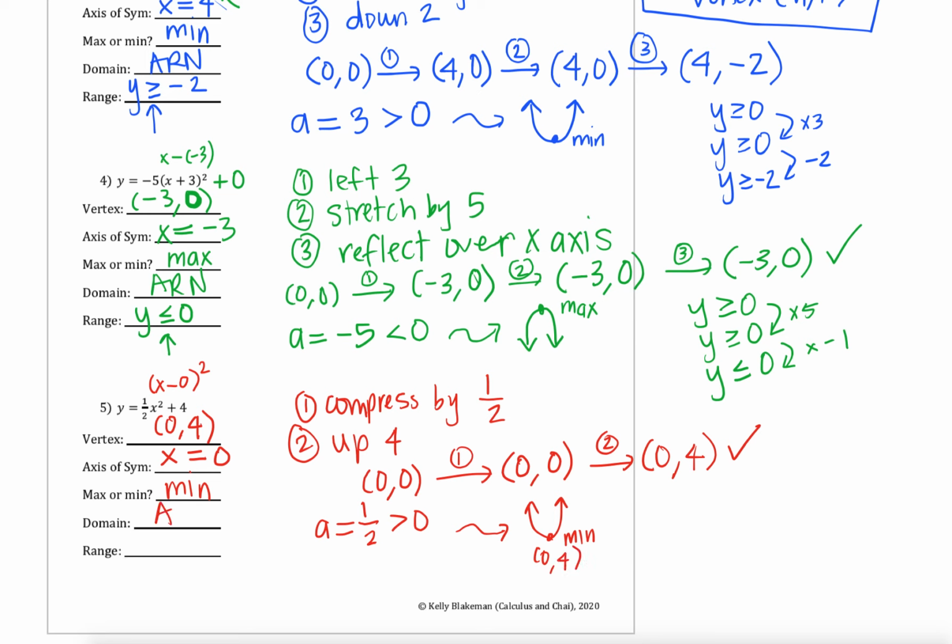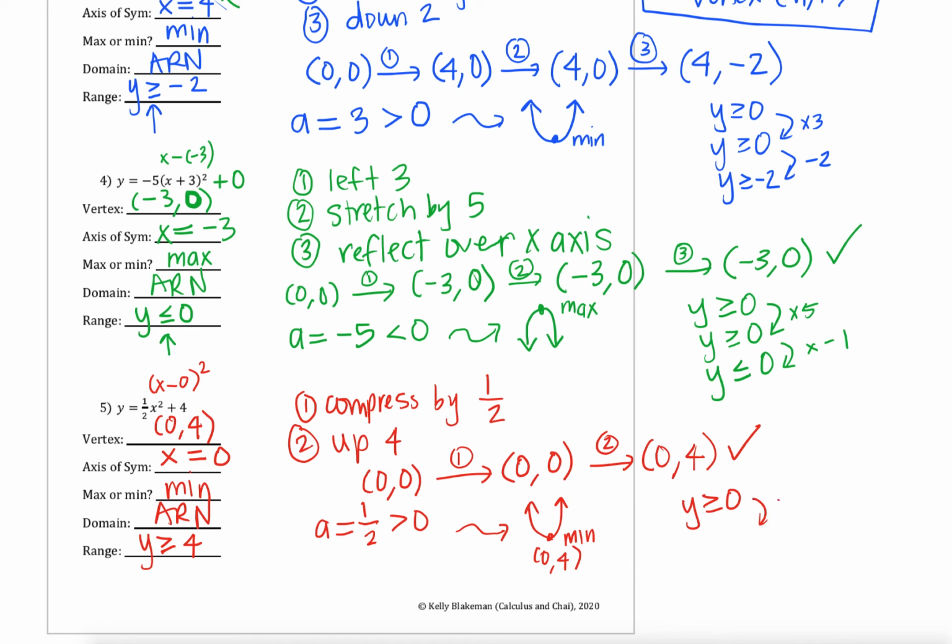Our domain, since it's a quadratic, is all real numbers. And then our range, since my vertex is a minimum, then all of those y values are greater than or equal to, and that y component is 4, so my range will be y is greater than or equal to 4. Of course, if we wanted to check that using our transformations, our range starts off with y is greater than or equal to 0.